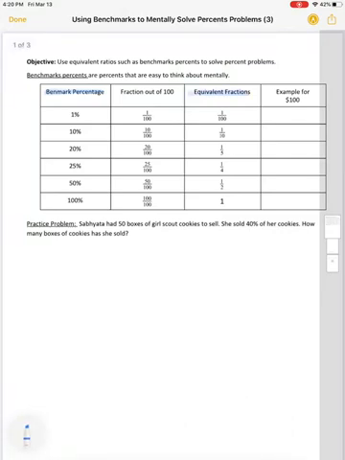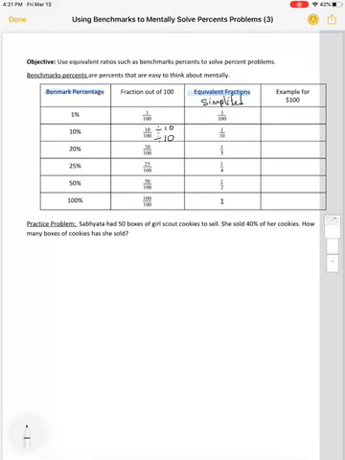Now, we can also think about these in terms of equivalent fractions, and that's just a simplified fraction. Okay, so 1 and 100 don't share a common factor besides 1, and if we divide them both by 1, we just end up with the same. So this is as simplified as it gets. But 10 and 100 share a factor of 10, and if we divide both the numerator and denominator by 10, we get 1/10.